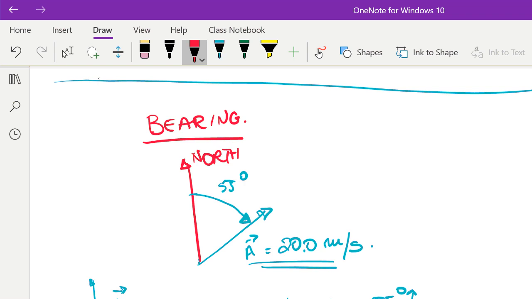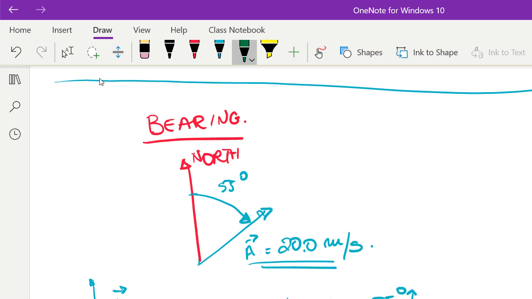So even in this definition, we always will see two parts in describing the vector: the magnitude with units, and the direction. This one here is the direction.